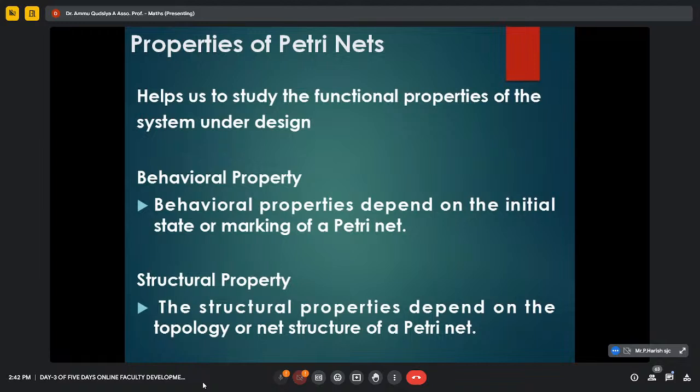That is, based on the marking of the Petrinet or initial state, you can identify behavioral properties. Structural property, as the name suggests, depends upon the structure of a Petrinet, the topology of the Petrinet. So these are the two properties that we have in the Petrinet model.